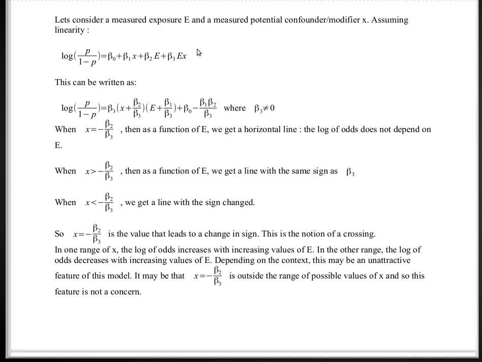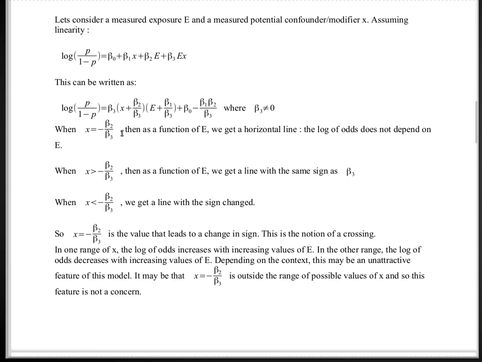Okay, because we get these crossings again. We get the crossing in this instance when x is equal to minus beta 2 over beta 3. And we have also a crossing of minus beta 1 over beta 3 with regard to the crossing when e is set to that value. Two crossings, one in terms of the explanatory variable x, and one in terms of the exposure e, both measured. Okay?